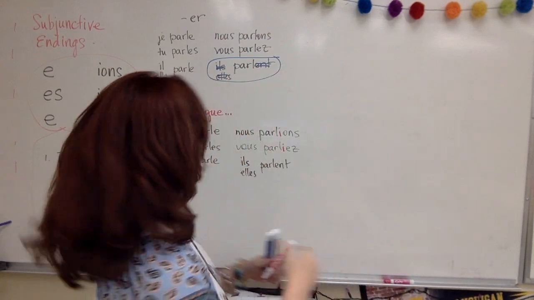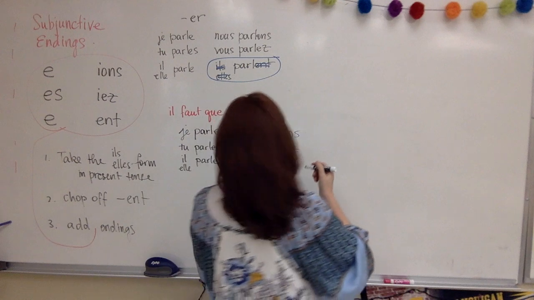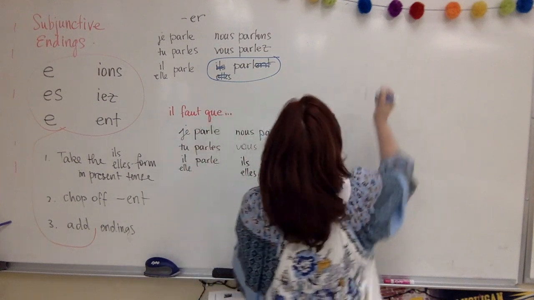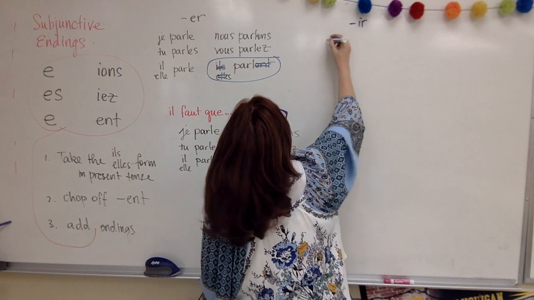Still recording, that's crazy. Okay, so now let's look at the IR verbs. They're a little crazier. IR verbs, remember when you were learning them, they were kind of hard.